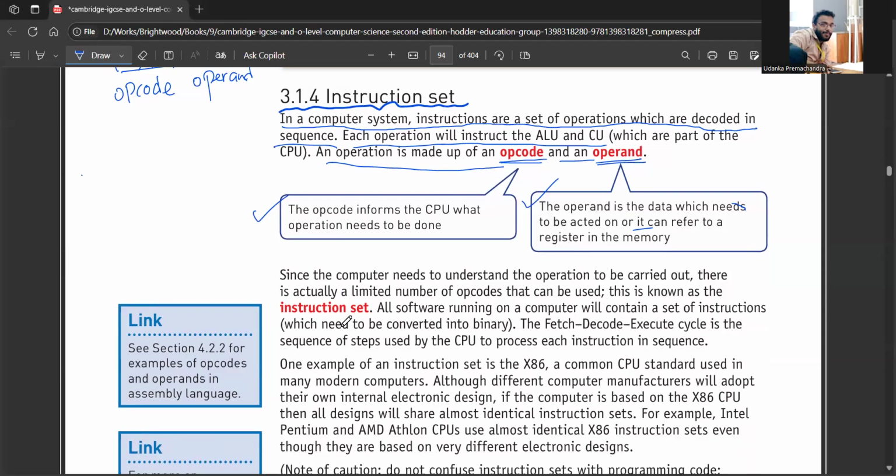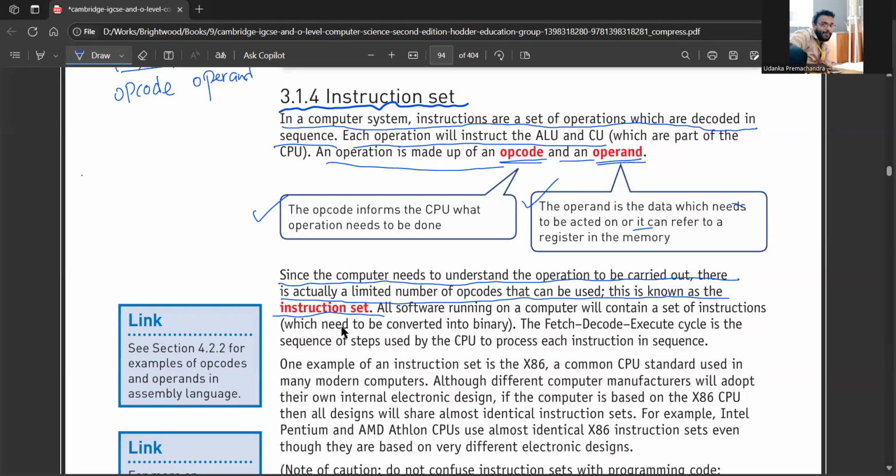Since the computer needs to understand the operation and carry it out, there is actually a limited number of opcodes that can be used. This is known as the instruction set. The operation is divided into two parts, opcode and operand, for easy understanding.